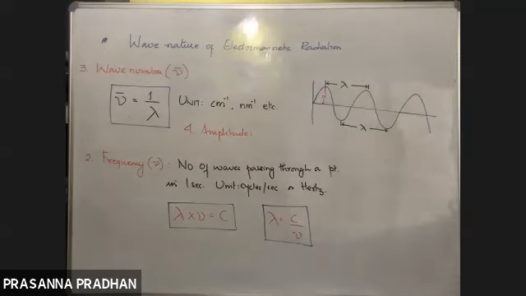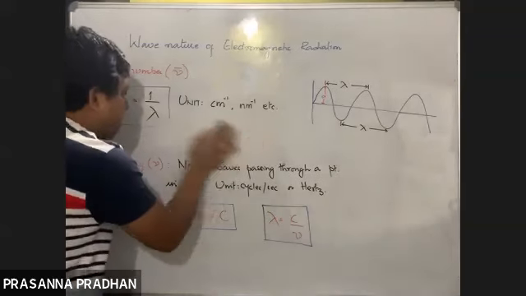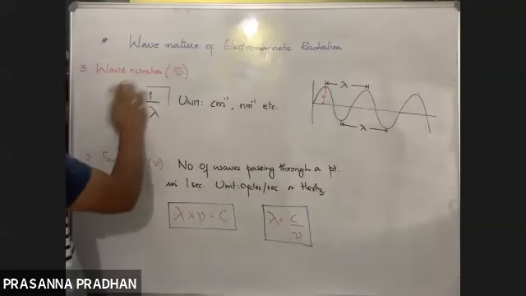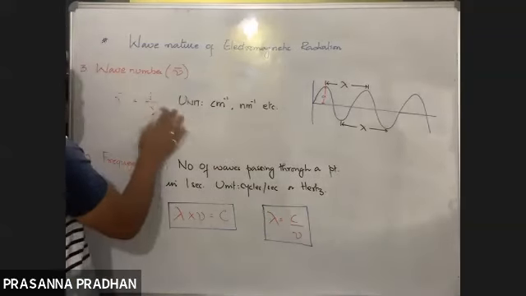Now, how many types of electromagnetic radiations do we know? Can you name a few? The very one with the help of which we can see the things around us is a part of electromagnetic radiation. It's known as visible light.